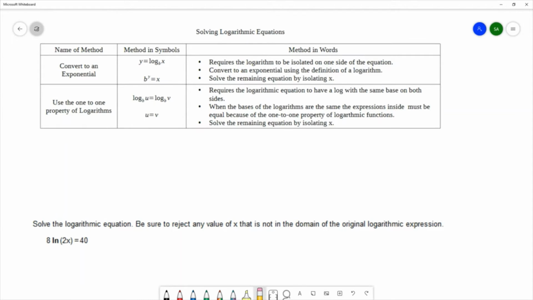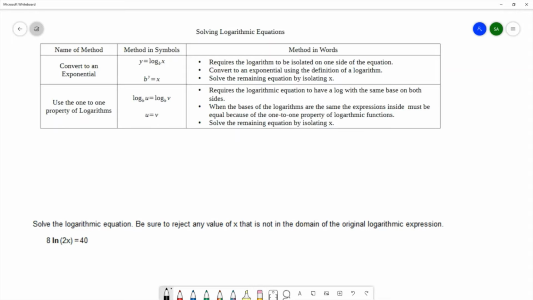But as I said a moment ago, we're required to have our logarithm isolated on one side of the equation. And this 8 does not have our log isolated. So we need to use our properties related to expanding and condensing logarithms to get rid of that 8.